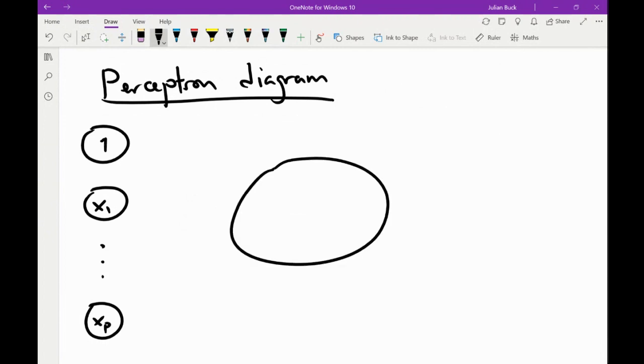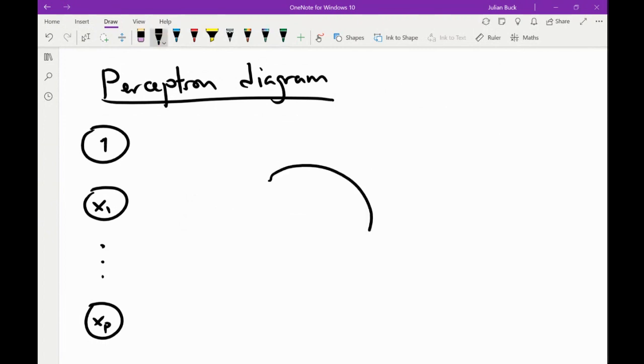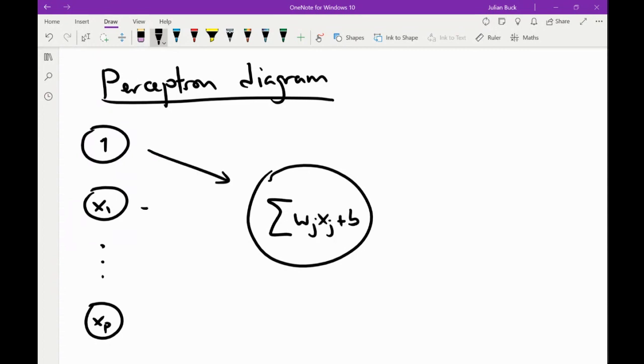So then we've got our net input, which is specifically the sum of wj xj plus b. From each of the inputs, including the bias, there is a weight. The weight for the bias is exactly the bias, b. x1 is weighted by w1, up to xp by wp.